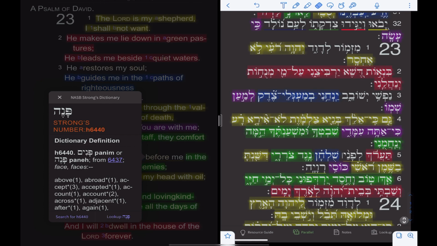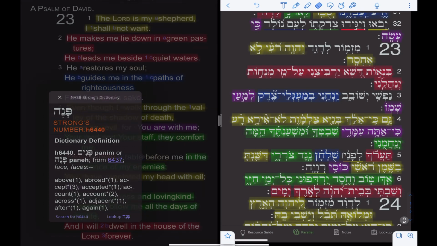So lefenai, the lamed is a prefix meaning sort of, well, I don't even know how you would translate it, but maybe somebody smarter than me out there can comment below. Literally it's you will prepare, sort of to my face, something like that.